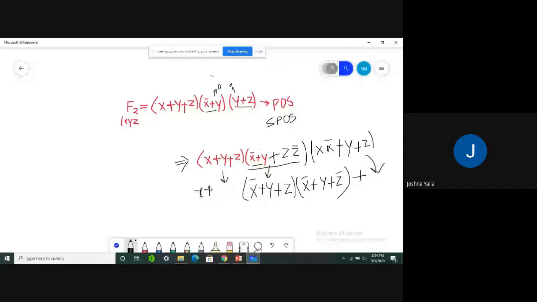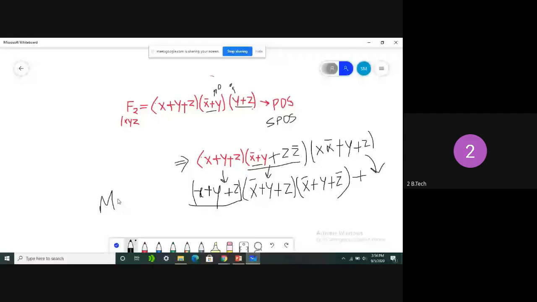So here we can place X plus Y plus Z. Here, for these particular terms, one specific name is there. In SOP, each product term can be called a min term, but here each sum term can be called a max term.